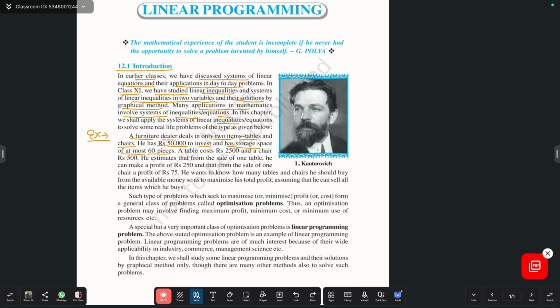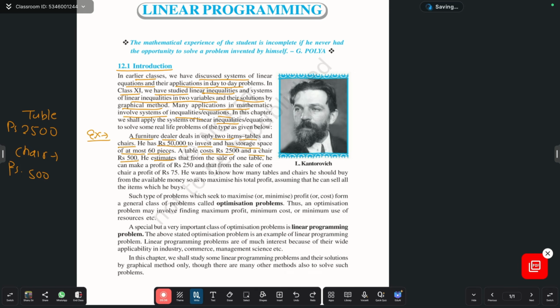This is the problem. Now a table costs 2500 rupees, and a chair costs 500 rupees.